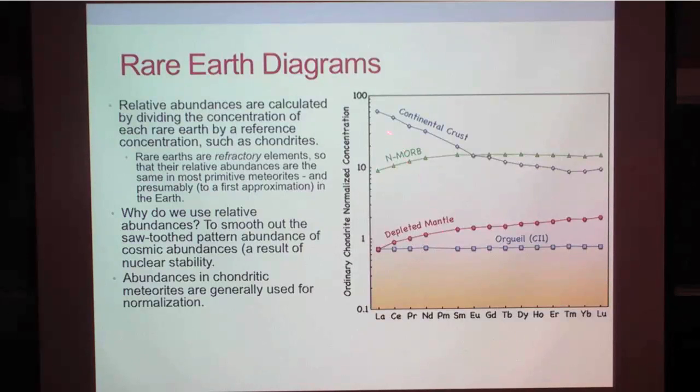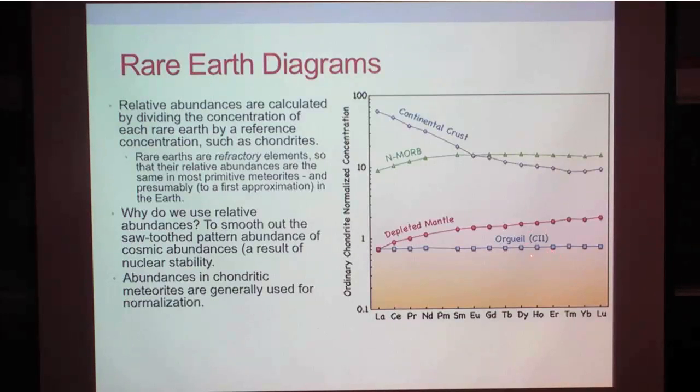And we can see here that because lanthanum is a large ion, it tends to partition into melts and ultimately into the continental crust. At least a hypothetical depleted mantle shows a depletion in the light rare earths because of their large ionic size. And the terms enrichment and depletion refer to incompatible elements.